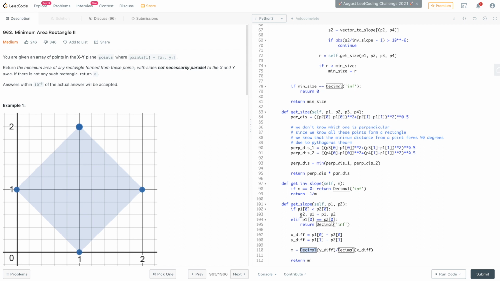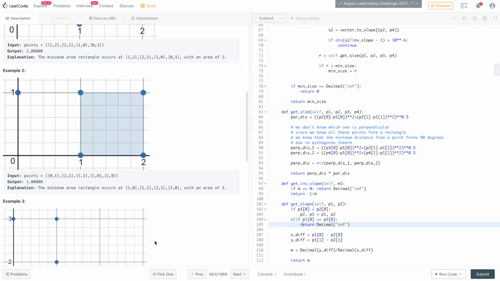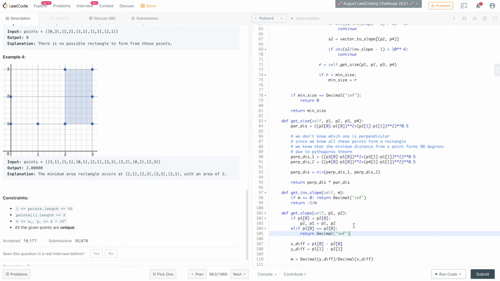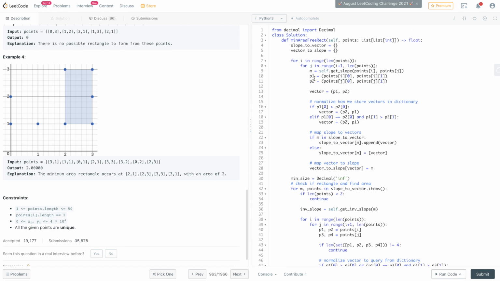Also, if the x are equal, for example in the last example where we have multiple points on the same line, we could run into a case where we divide by 0, which is not ideal. So we return a slope of infinity. Since the decimal type is hashable, we can store these slopes directly into dictionaries.